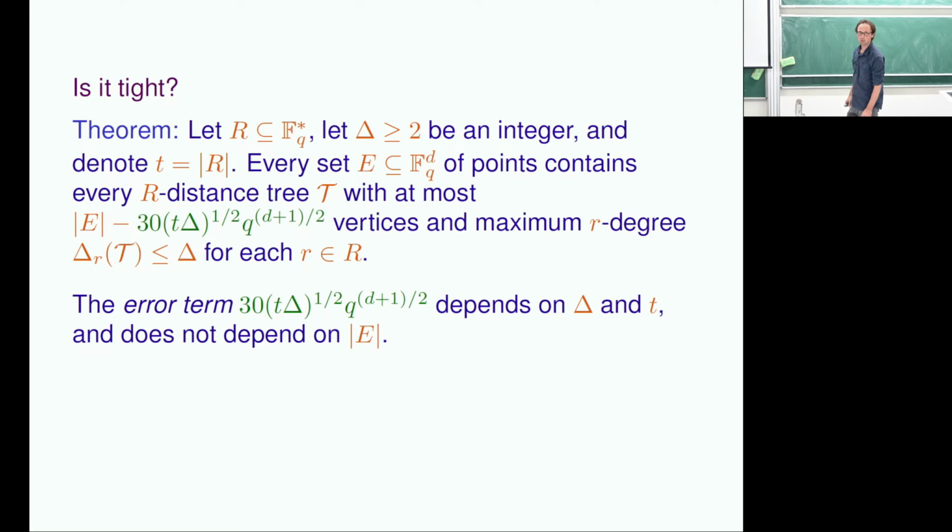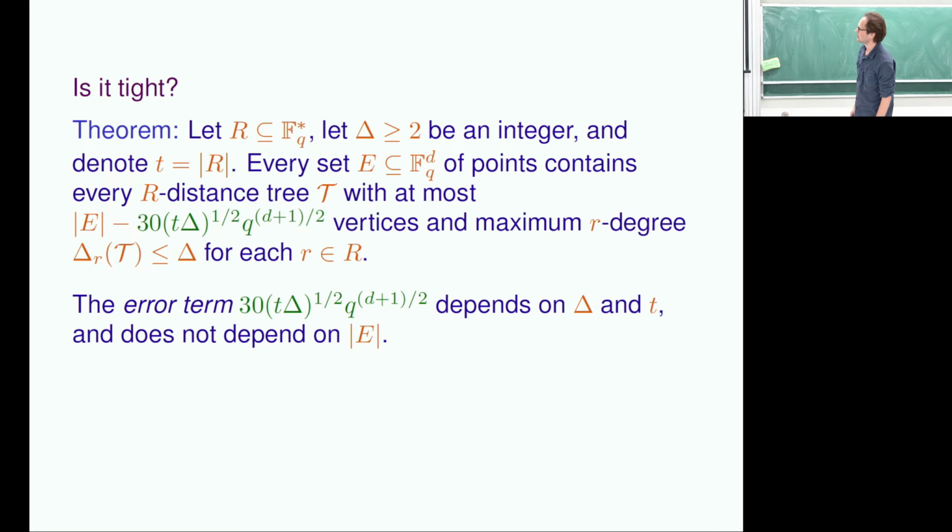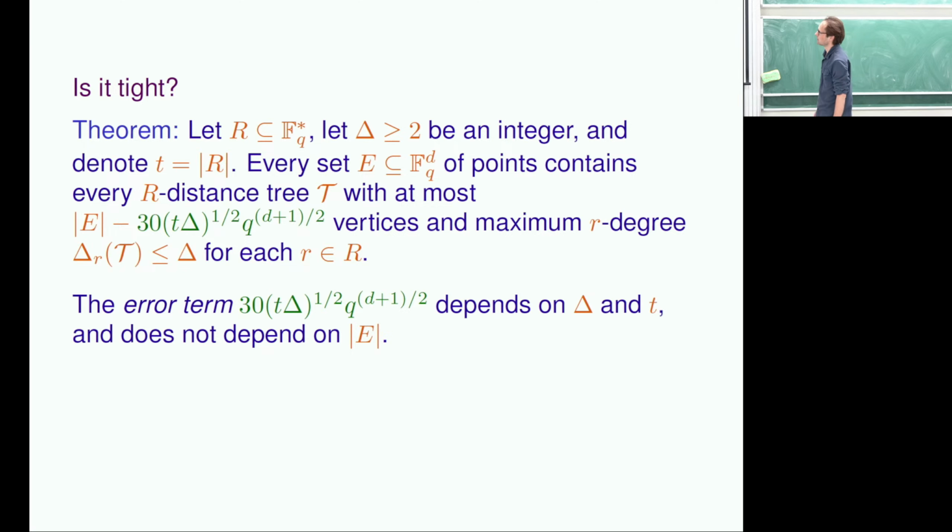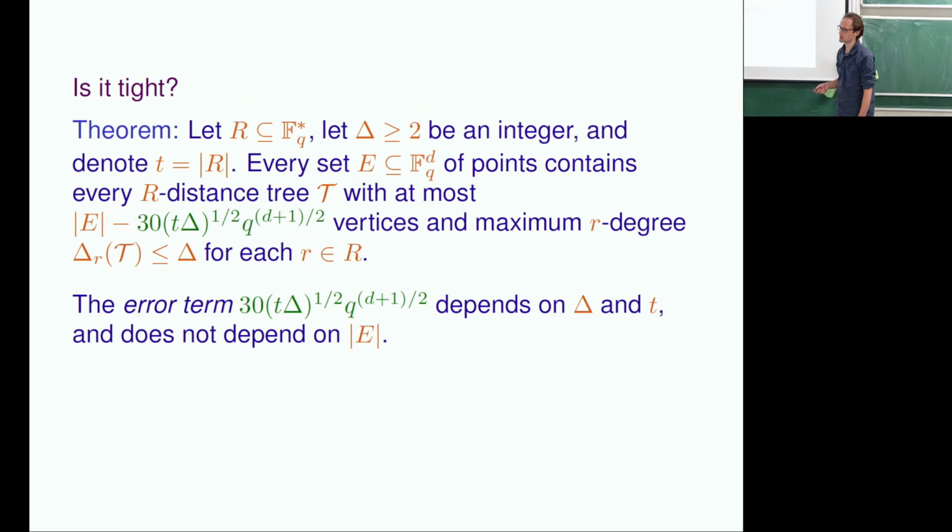So next thing I want to talk about is how close to being tight is our result. So there's a lot of different parameters floating around here. First of all, we have q and we have the dimension.